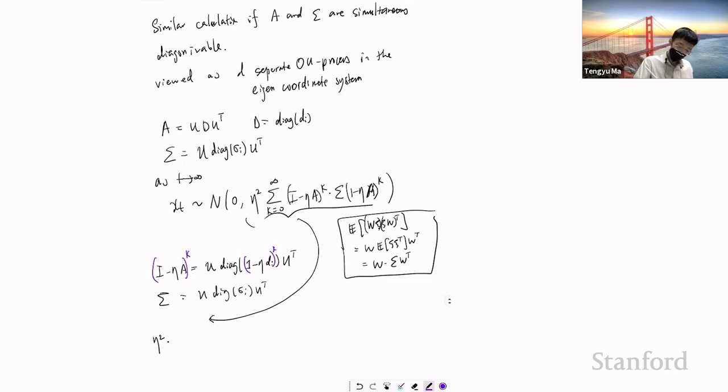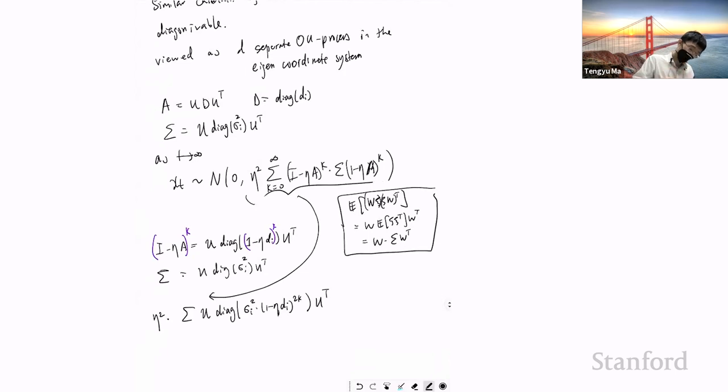So then this becomes eta squared times the sum of U diag, let's assume this is σ squared, just to make it simple, σ_i squared times (1 minus eta d_i) to the power 2k, U transpose.